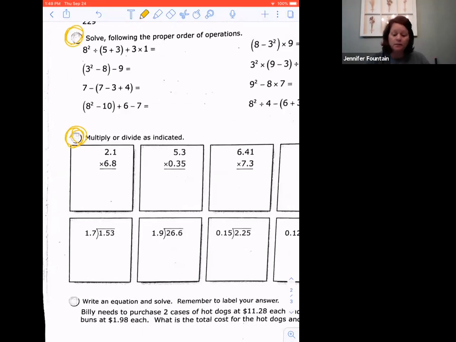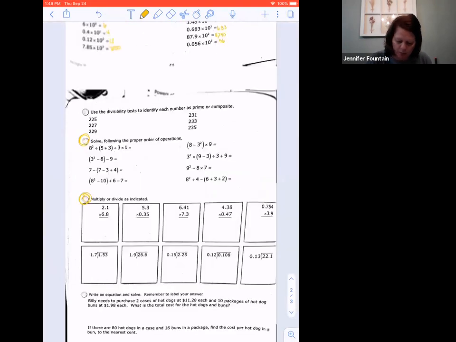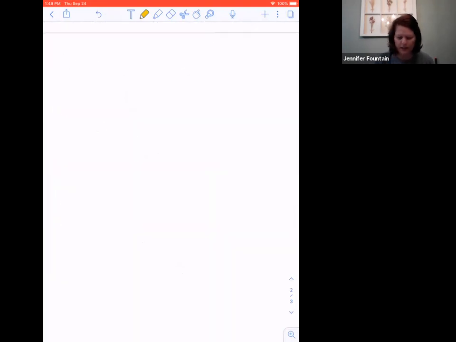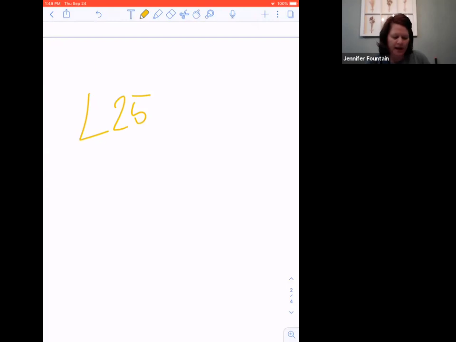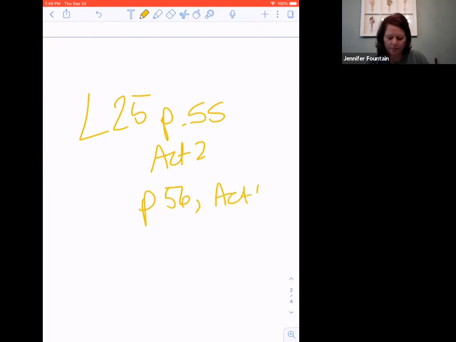Okay, so our complete list of homework, I'll tell you what I'm going to do. Here's a little sheet that I can write on. Okay, so we had lesson 25. Lesson 25 was multiplying decimals. We have page 55, activities 2, page 56, activities 4. That's lesson 25.